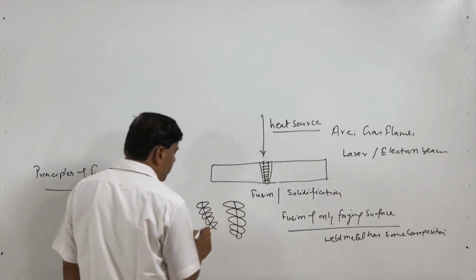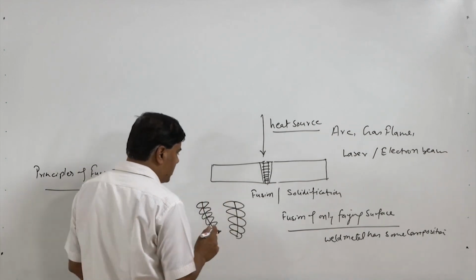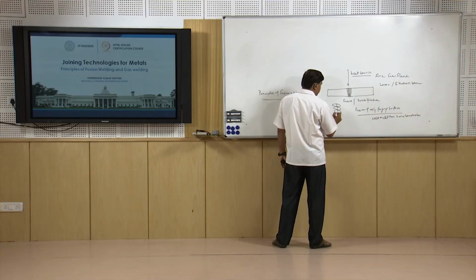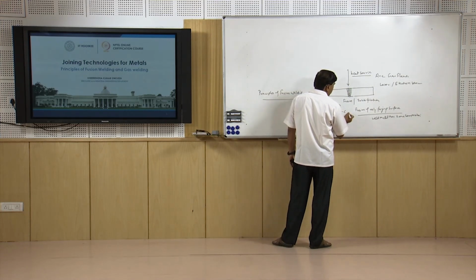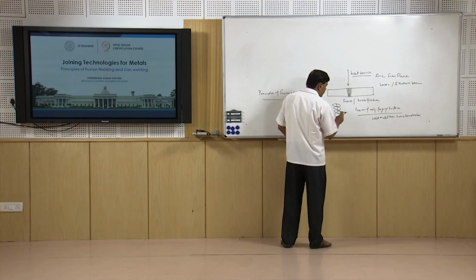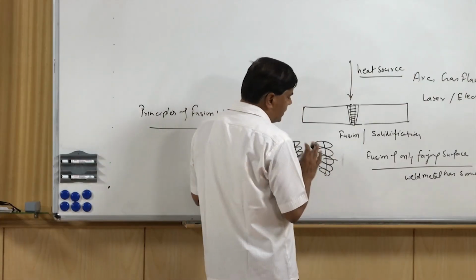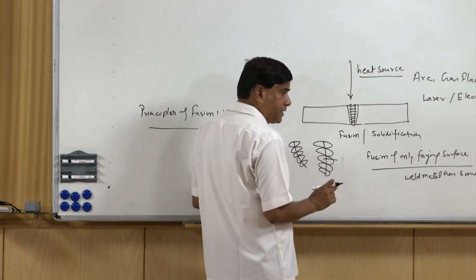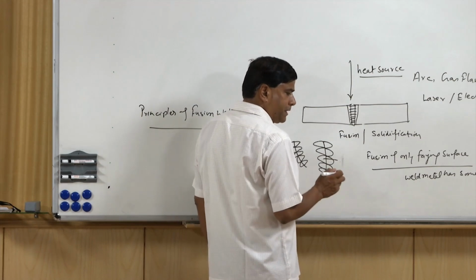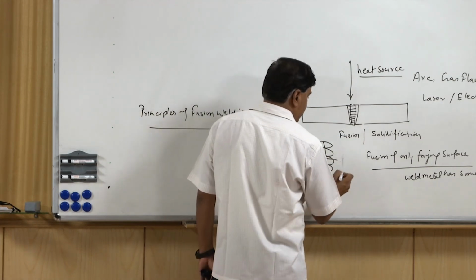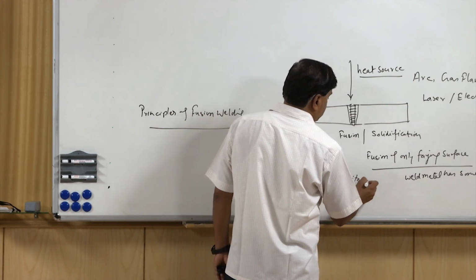So, this is how the growth of the partially melted grains starts without need of any nucleation. Now, depending upon the kind of solidification conditions, different kinds of grain structures are observed, and this kind of solidification where direct growth starts on the partially melted grains is called epitaxial solidification.